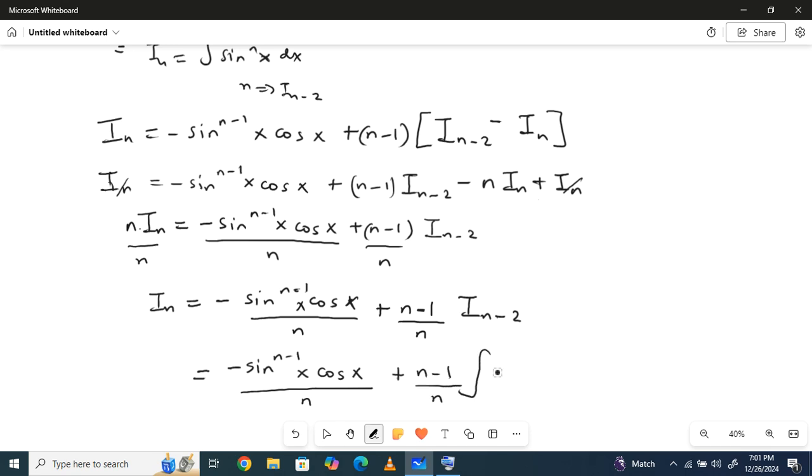We can replace here with our I to power n minus 2, which is the integral of sine n minus 2 of x dx.